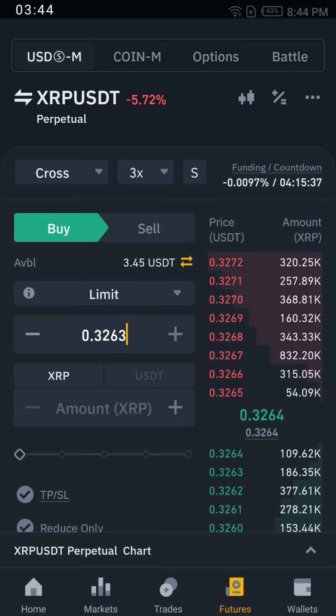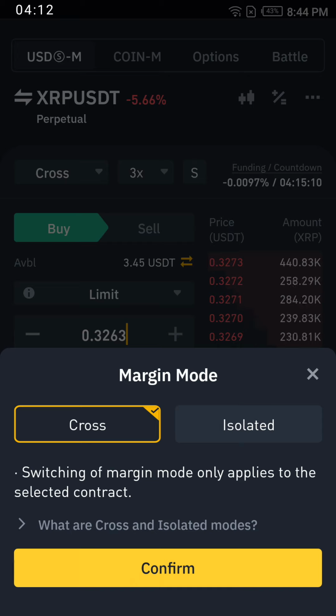After this XRP USDT, below it you can see cross and 3x. This is what I was telling you about in that theory class about margin, cross margin and isolated margin. If you click the flying arrow, you have an option, cross and then isolated.